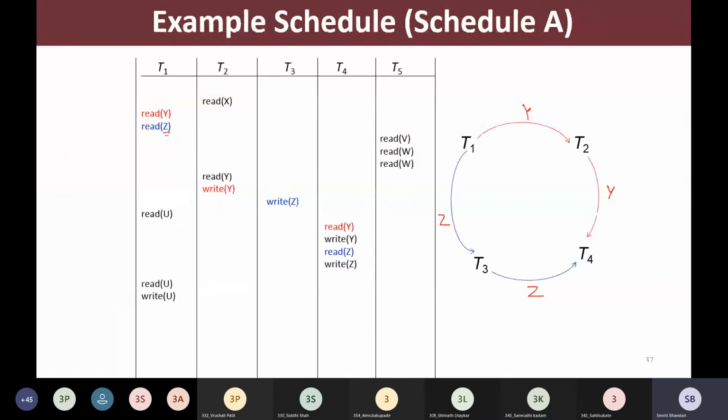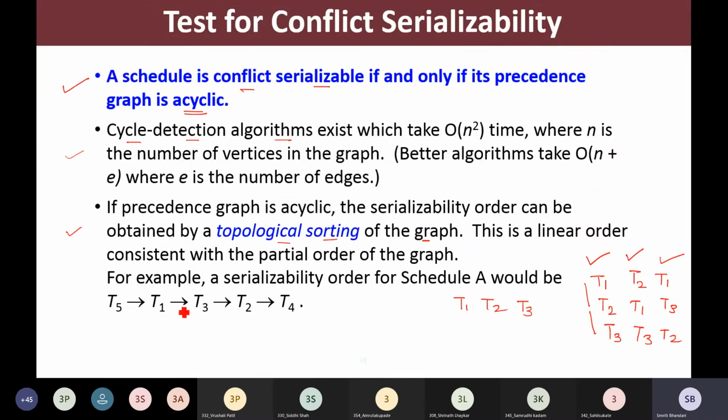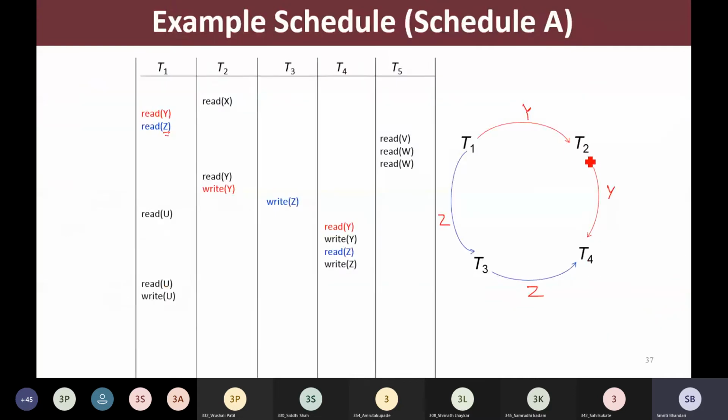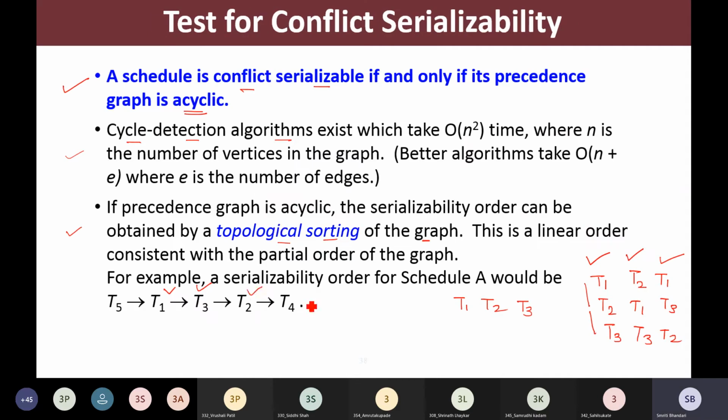T5, then T1, so T1 should execute first, then T3. Now, see here, we have an arc from T2 to T4, so T2 must execute before T4. So then T2 and then T4. So this would be the order of serializability. Such a serializability order can be determined by this particular algorithm, topological sorting.